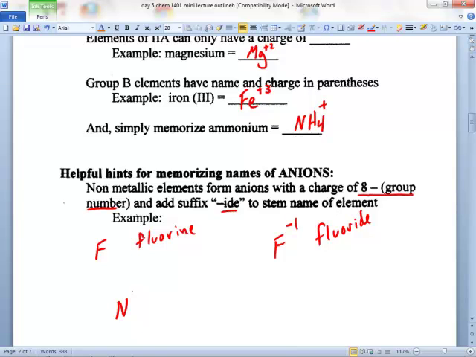There it is. And just count over to the nobles. 1, 2, 3. So it has to be a negative 3. But if you like the math, take 8 minus 5, get 3. It seems like more steps. It's up to you. But anyway, this one would be called nitride.